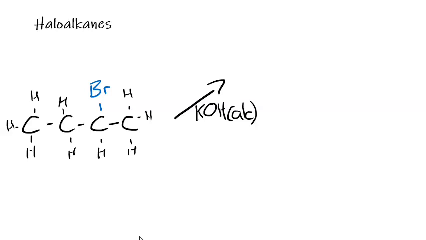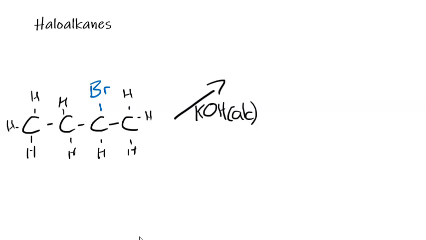The potassium hydroxide needs to be dissolved in alcohol for this to result in an elimination reaction. You might remember from substitution reactions that if we have aqueous potassium hydroxide, then we would substitute that bromine atom for a hydroxyl group. So it's important to know the difference between alcoholic potassium hydroxide and the products that it will produce, and aqueous potassium hydroxide.